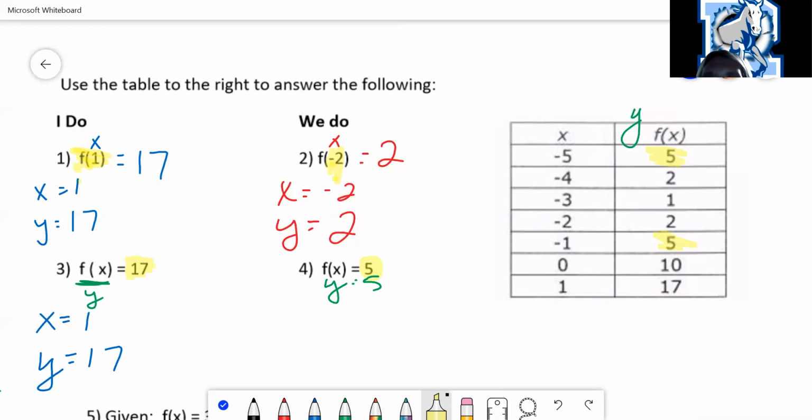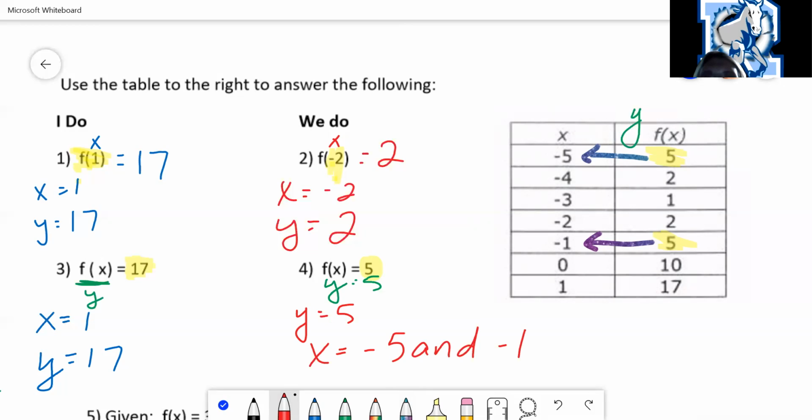You can have 2 numbers. Right here, it's negative 5 and it's negative 1. So when y equals 5, x is negative 5 and negative 1. It can have more than one value.